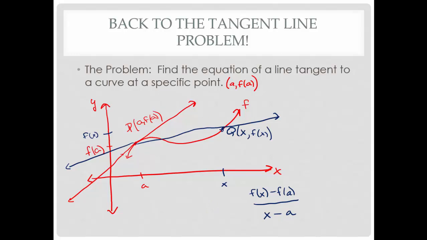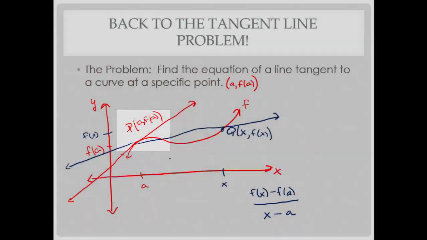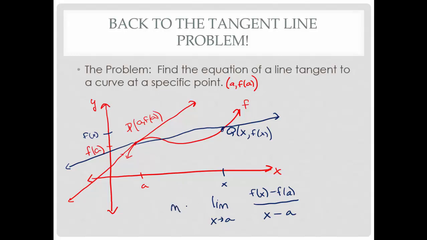If you wanted the slope of the secant line to be closer to the slope of the tangent line, you needed to slide the point Q closer to the point P. In doing so, you're letting x get very, very close to a. So that was the limit as x approaches a of f of x minus f of a over x minus a. That is the slope of a tangent line.